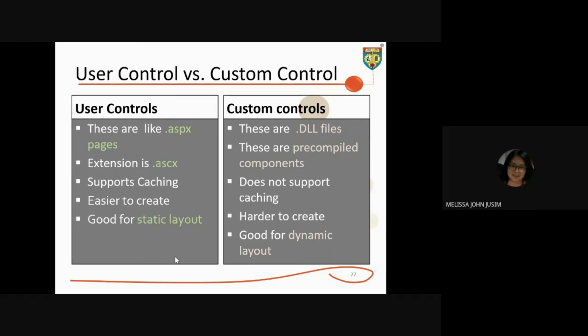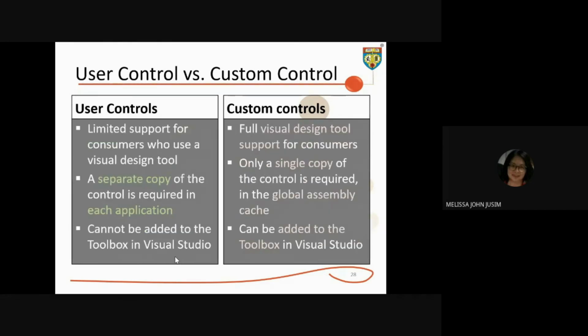Therefore, the extension is .ascx. But custom controls are not. These are pre-compiled components, a DLL file. Okay, so user control is good for static layout. Custom control is good for dynamic layout. And as what we see just now, user control supports fragment caching, right? Custom control does not support caching.